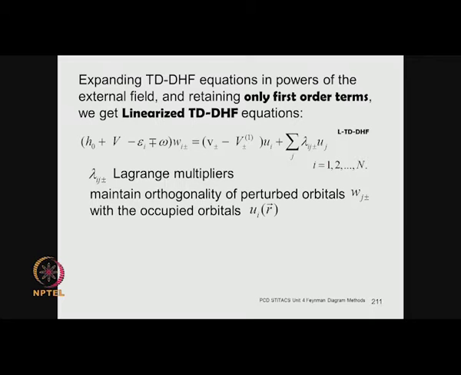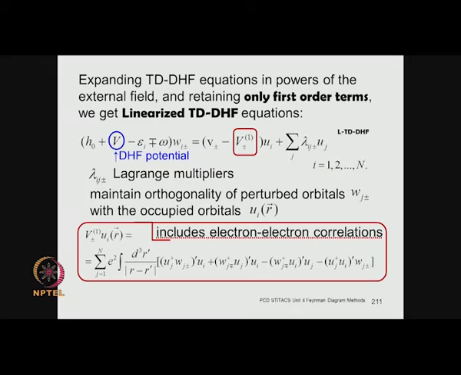variational methodology on the time dependent Dirac-Hartree-Fock, linearize it, throw away the higher harmonics, and then you get the linearized time dependent Dirac-Hartree-Fock. So, this V is the Dirac-Hartree-Fock potential, which we have seen also in the relativistic Hartree-Fock or the Dirac-Hartree-Fock, and this V plus or minus is what includes the correlation effects, which was missing in the Hartree-Fock and it was missing in the Dirac-Hartree-Fock.